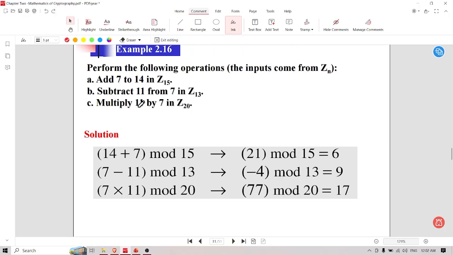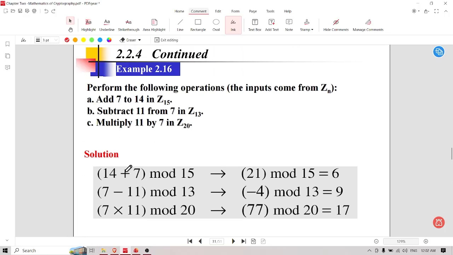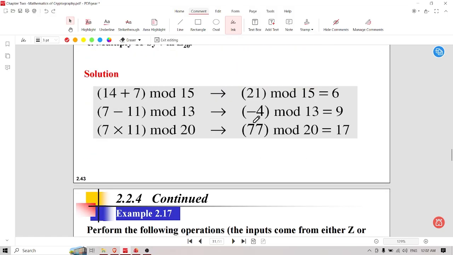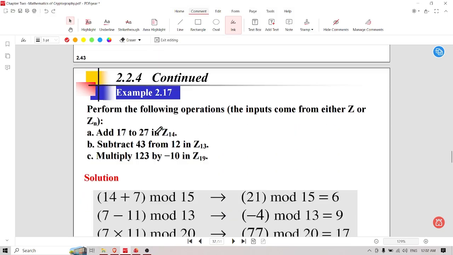Same for here, however, this one says subtract 11 from 7, so 7 minus 11 mod 13 would be minus 4 mod 13, and it will equal 9. Now, same for the other one also.